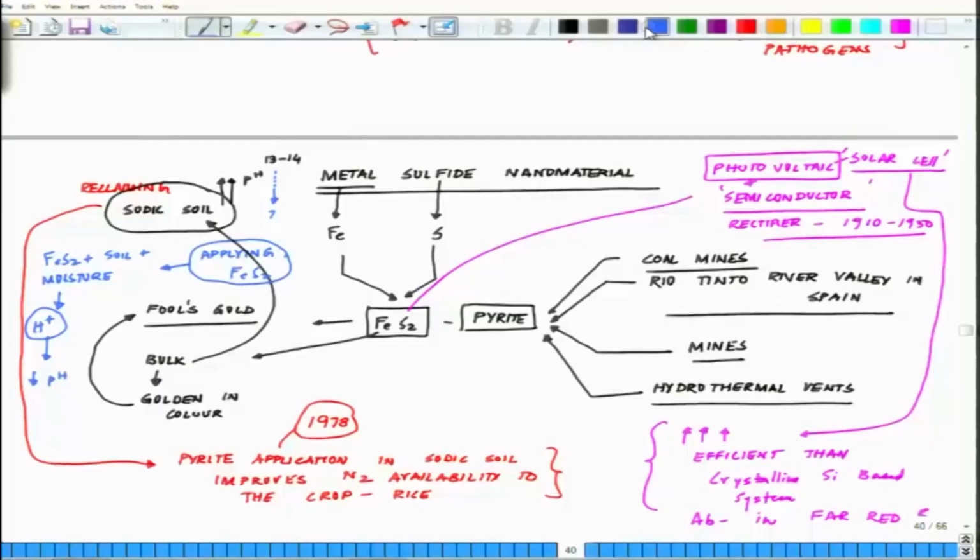It suffers from something called stoichiometric defects.